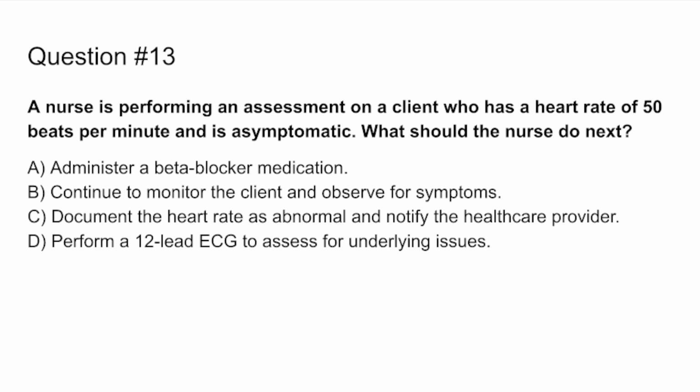All right, guys, a little teaching moment here. So the client has a 50 beats per minute heart rate and they're asymptomatic. So we don't want to give them a beta blocker, but what we are going to do is continue to monitor the client and observe his symptoms. Some clients are athletes or they work out, so their heart rate might be lower because their heart is, quote unquote, healthy.